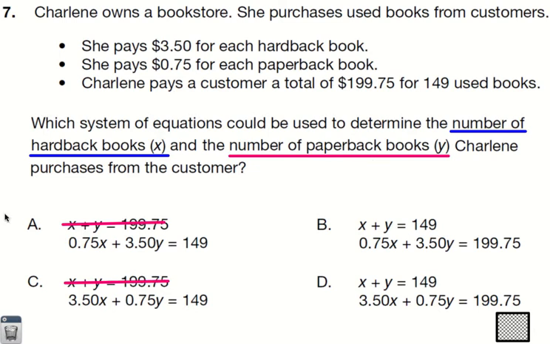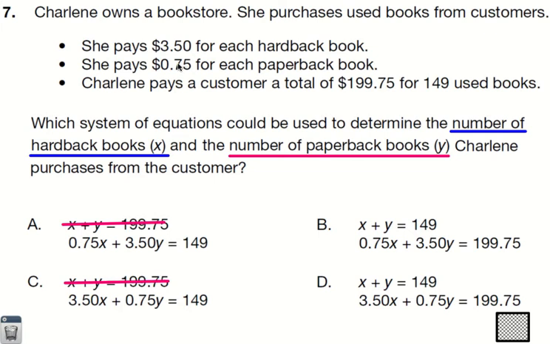Now, where you get this total amount of money from is $3.50 multiplied to the number of hardback books. That's how you get total money for the hardback books. You take X, the unknown number of hardback books, and you must multiply that with $3.50 because it's $3.50 each book.